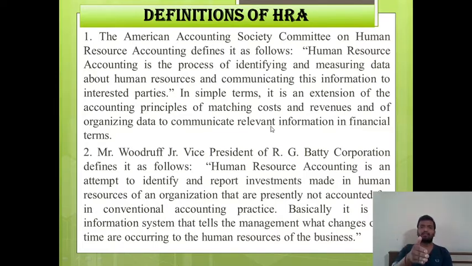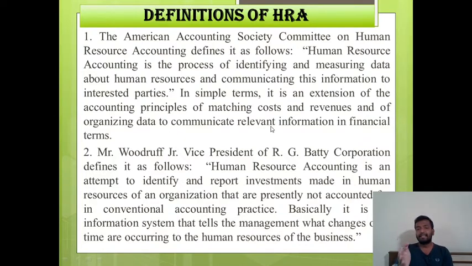The first definition was relating to identifying and measuring data and communicating to the interested parties. And the second definition explains to us about identifying and reporting investments made in human resources. Whatever investments a business is making on the human resource within that organization, those are identified and reported, and that are presently not accounted in conventional accounting, that we have seen.